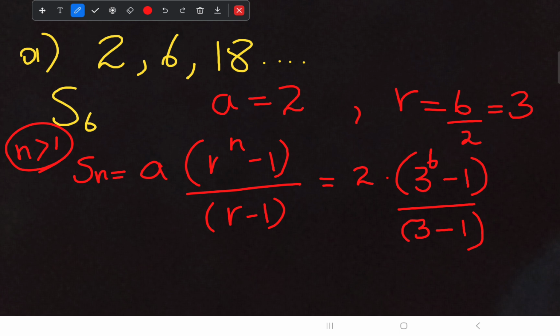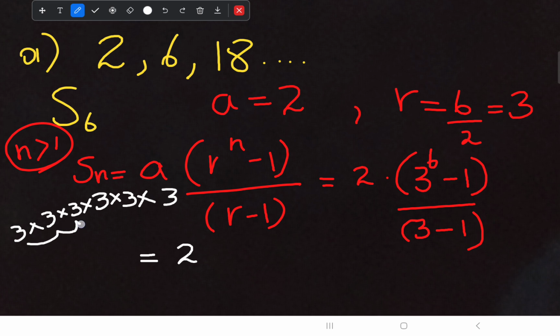2 into 3 to the power of 6. 3 to the power of 6 means 3 times 3 times 3 and so on. 3 3s are 9, 9 3s are 27, 27 3s are 81, 81 3s are 243, 243 3s are 729.